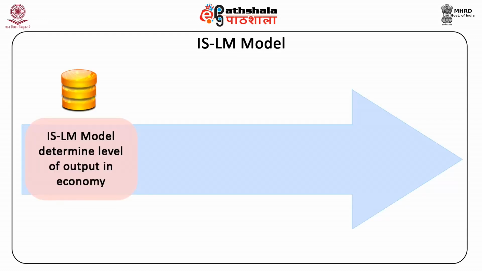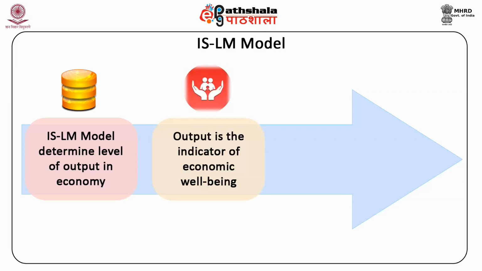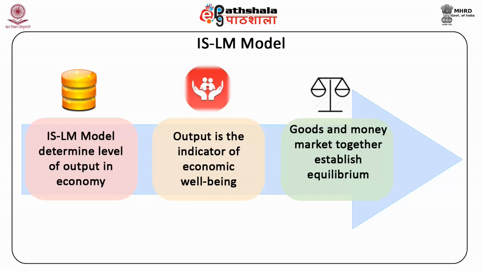The ISLM model is used to determine the level of output in an economy. The level of output is one of the most important indicators of the economic well-being of a country. This model brings together the goods and money markets to establish simultaneous equilibrium in both.